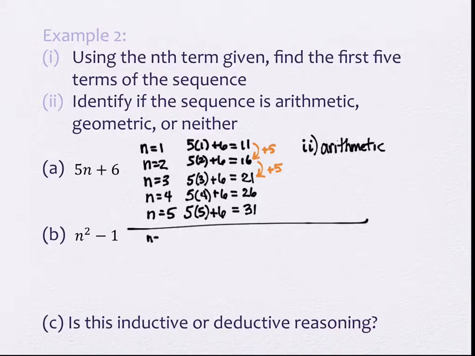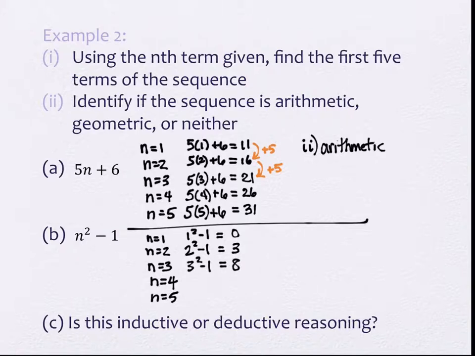n equal to 1, 2, 3, 4, and 5. This one is n squared minus 1, so I have 1 squared minus 1. What is 1 squared minus 1? 0. I have 2 squared minus 1. 3. 3 squared minus 1. 8. 4 squared minus 1.